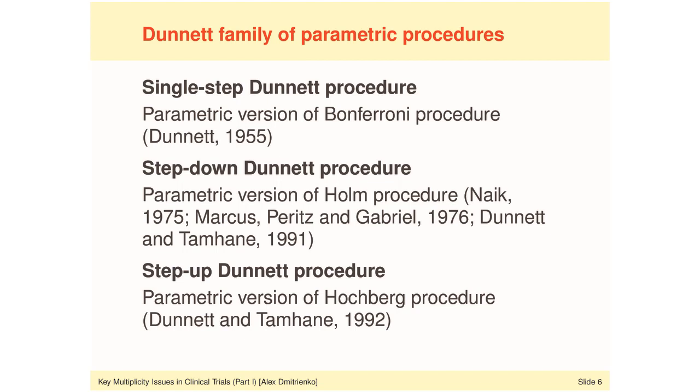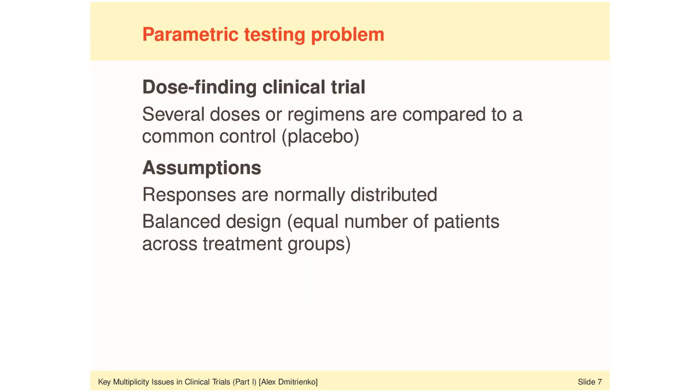And you can guess that this procedure is known as the step-up Dunnett, because it also utilizes a step-up testing algorithm. So these parametric procedures define what I call the Dunnett family of parametric procedures, and we will focus on the first two procedures.